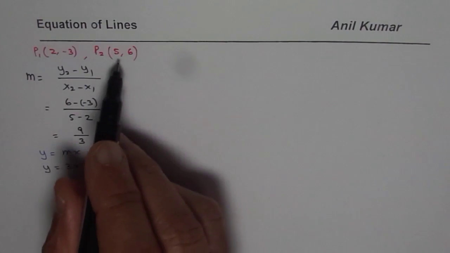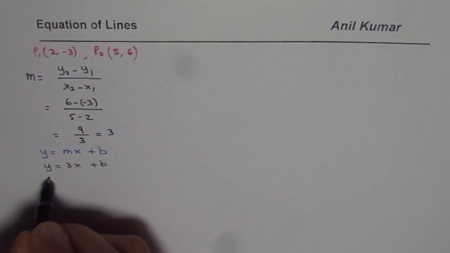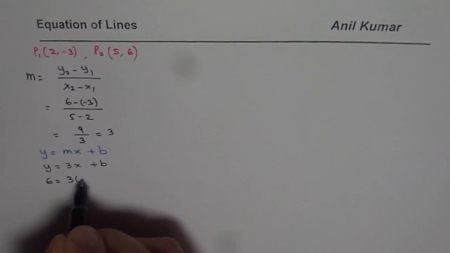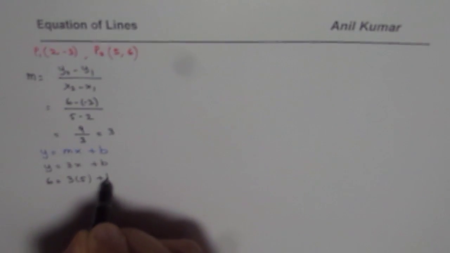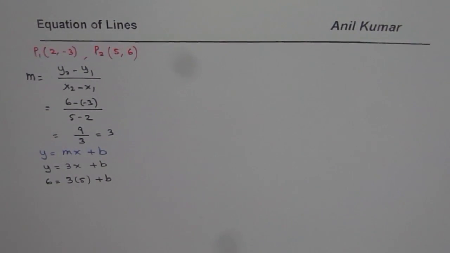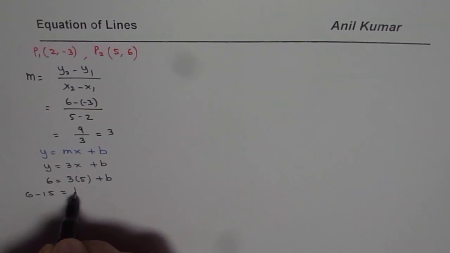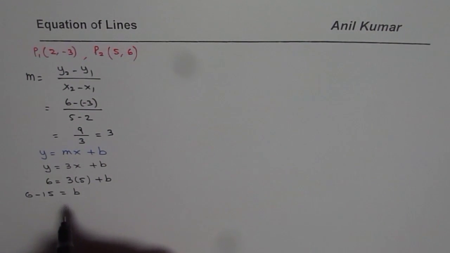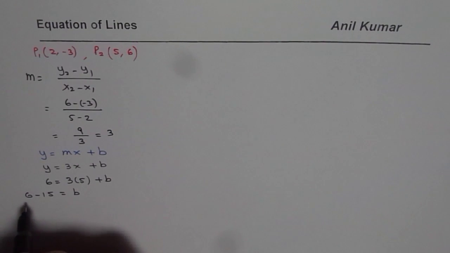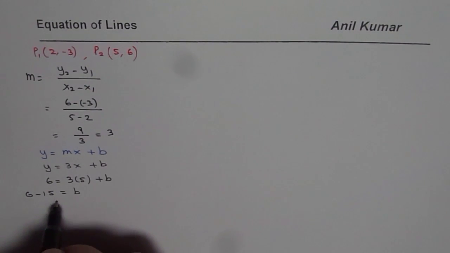So if I write 5 for x and 6 for y, I get 6 equals to 3 times 5 plus b. So 3 times 5 is 15. So I could write this as 6 minus 15 equals to b. Now 6 minus 15 is minus 9. So we get minus 9 equals to b.